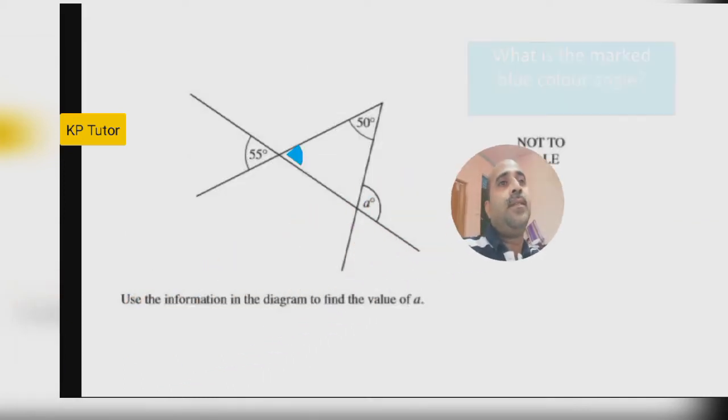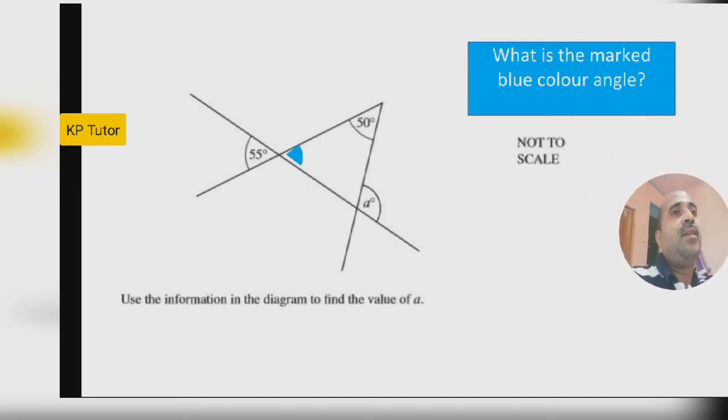Next, these are some lines. In between the lines, maybe you can see a triangle, but most students may get confused in this question. Maybe they will connect Z or C angles, something like that. So what is the marked angle?